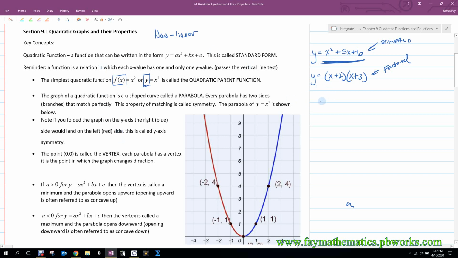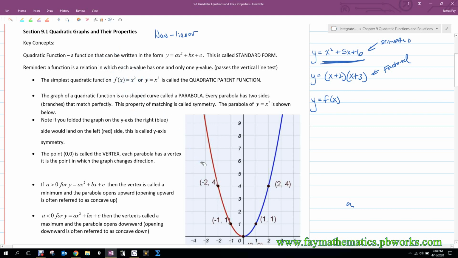When we talked about function notation, y equaled f of x for a function, they were the same. The reason they use this notation is to tell you before you do anything that this thing is going to pass the vertical line test. So you know it's already a function, which is a good thing to know as we move through the rest of this course and into Algebra 2.